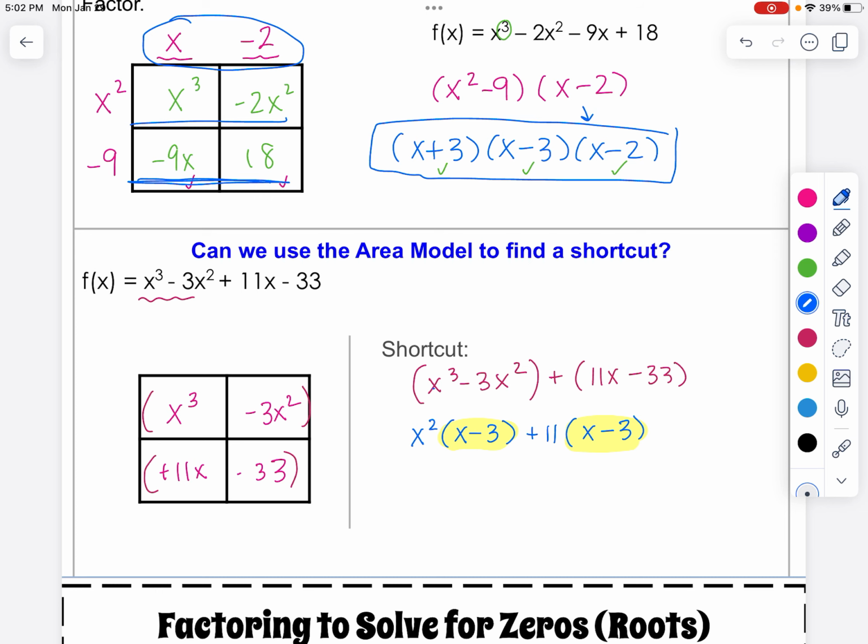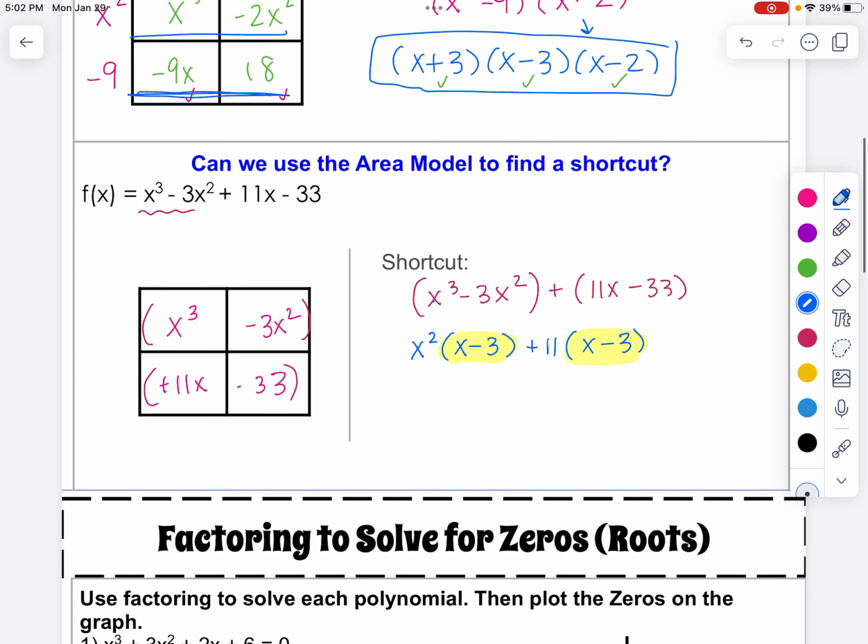For both of them, we would be left with x minus 2. So it should be the same for each because we factored out x squared here, which if I do that, I'm left with x minus 3. And if I factor out an 11 down here, I should be left with x minus 3.